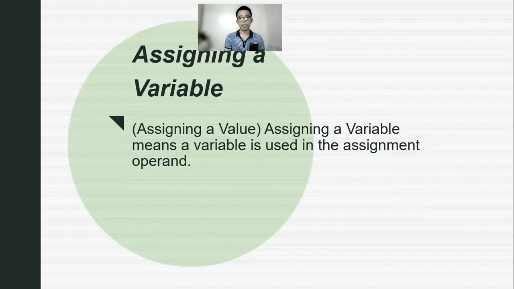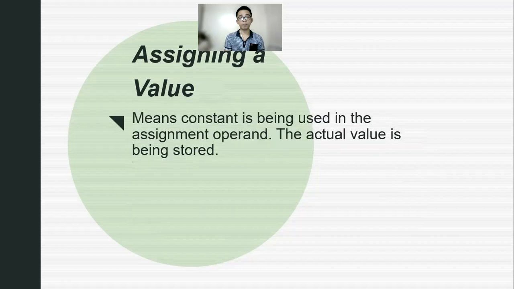Okay, so next we have assigning a value. Assigning a value means a constant is being used in the assignment operand because the actual value is being stored. Here the variable directly stores the value to the memory it is allocated. They do not copy it anymore and simply store it without undergoing various operations aside from data type checks.